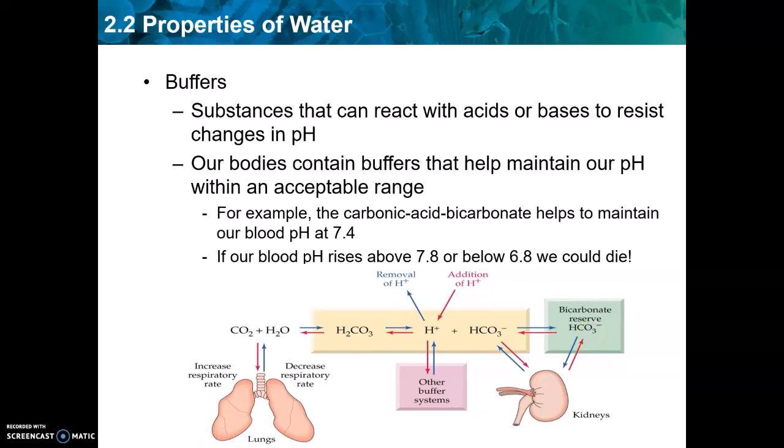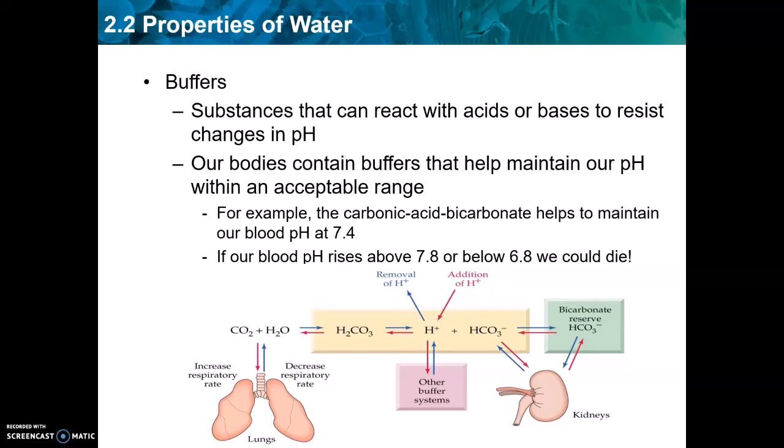But if we have too few hydrogen ions, let's say our blood is becoming too basic, so the base is removing all those excess hydrogen ions, then we have a carbonic acid, which is a different form, that is going to release those hydrogen ions. So that system in our body is called a buffer. A buffer is just the molecule that's able to help cells or organisms keep a stable pH. So this first bullet point here is really what you need to focus on, that a buffer is a substance that can react with an acid or a base to help neutralize it.